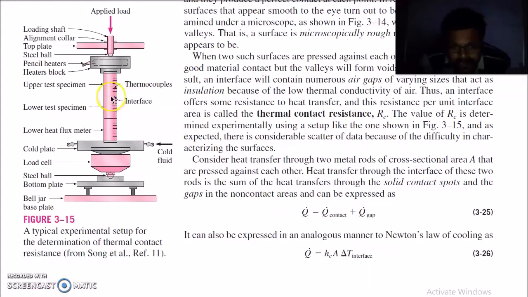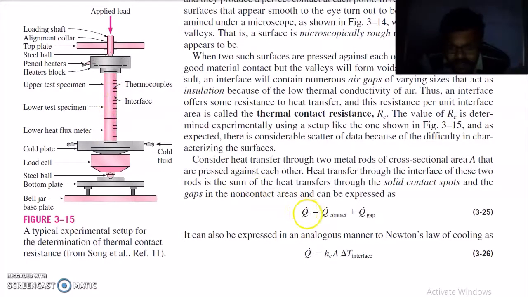So the heat transfer through two metal rods of cross-section area A that are pressed against each other can be expressed as follows. The heat transfer through the interface of those two rods is due to the non-contact areas which contain air and due to the solid contact spots at this interface.